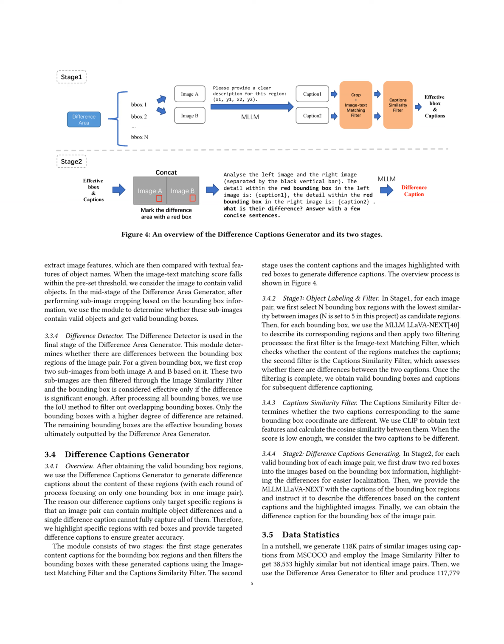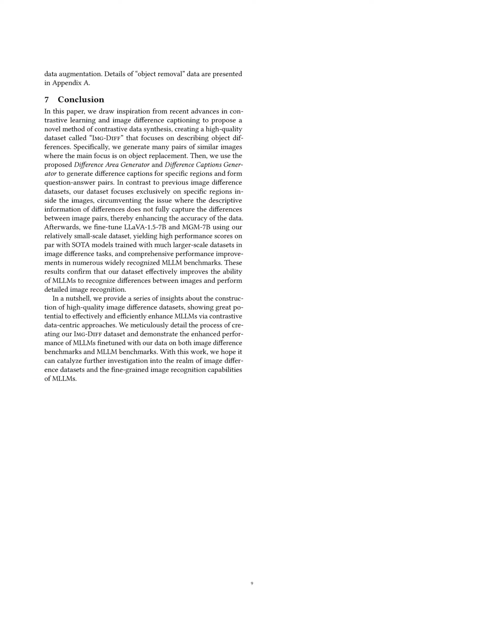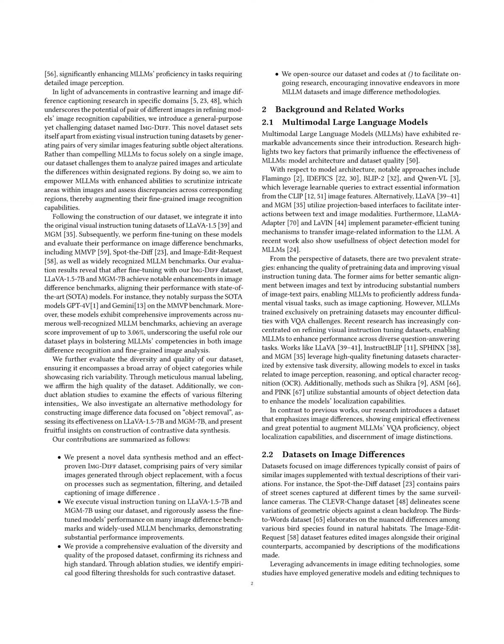Following this, the difference captions generator produces specific captions for the bounding box, highlighting the change from the red car to the blue car, which allows the MLLM to focus on the precise area of difference. Finally, the fine-tuning of MLLMs like LLaVA 1.5-7b with this dataset leads to improved performance on benchmarks such as MMVP, demonstrating their enhanced capability to detect and articulate subtle differences in images.